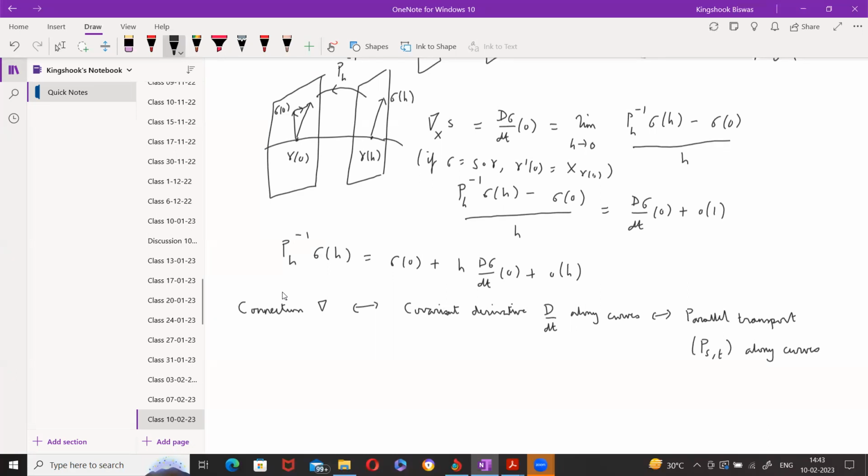Okay. And this parallel transport is what? This is a way of identifying fibers, right? This gives me a way of identifying fibers. Is that clear?